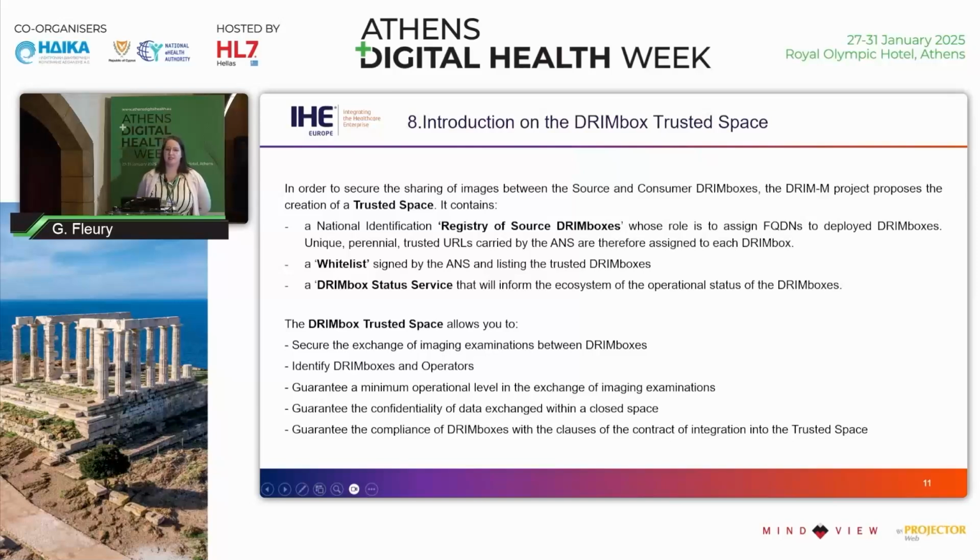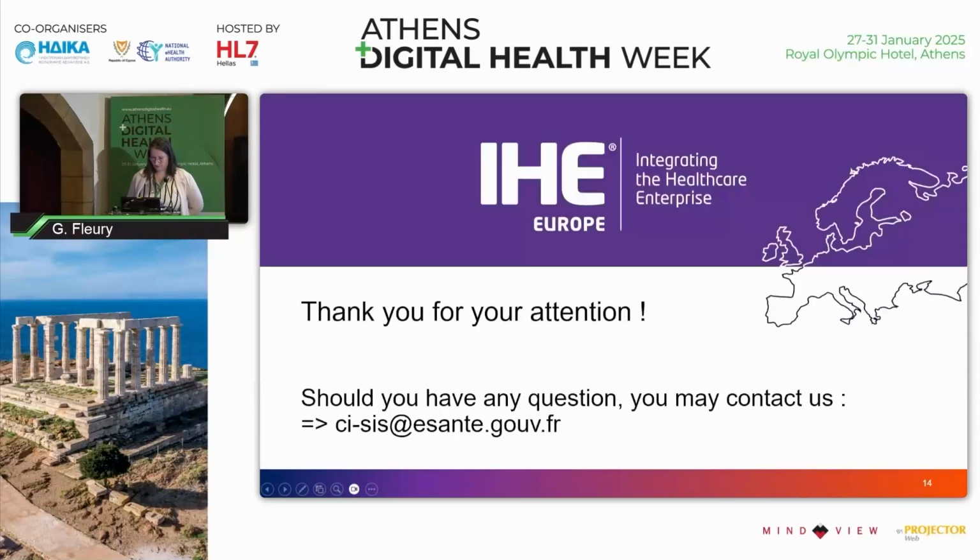And each DRIM-Box has to read this whitelist every time they are called by another DRIM-Box to make sure that those are on the trusted space. And there is a DRIM-Box status service which can inform the other DRIM-Boxes on the operational status of the different DRIM-Box in the country. And I think that's it.